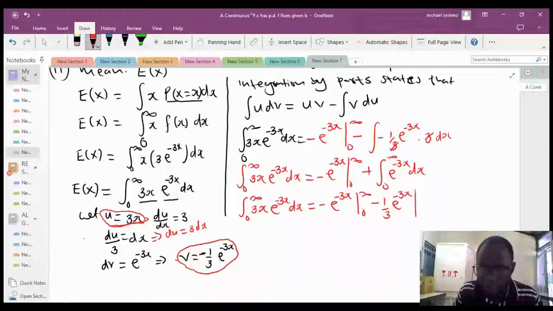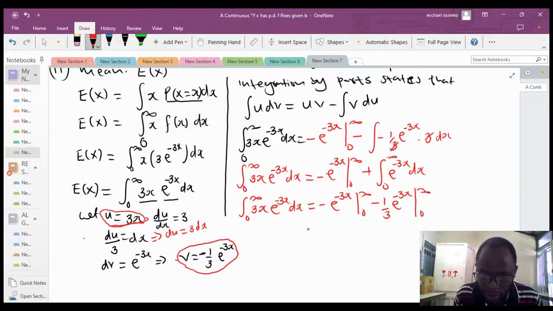Now, this one runs from 0 to infinity. We say that exponential raised to the power negative infinity is 0, and exponential raised to the power 0 is 1.